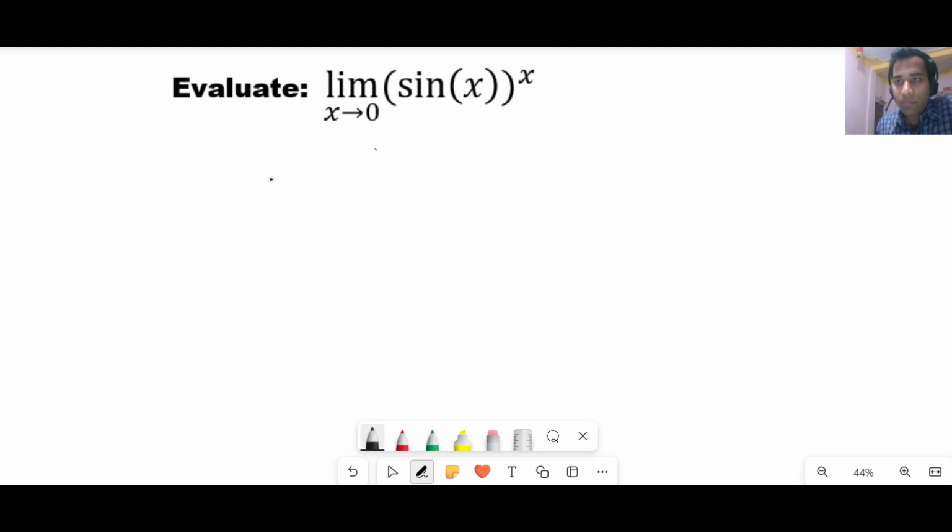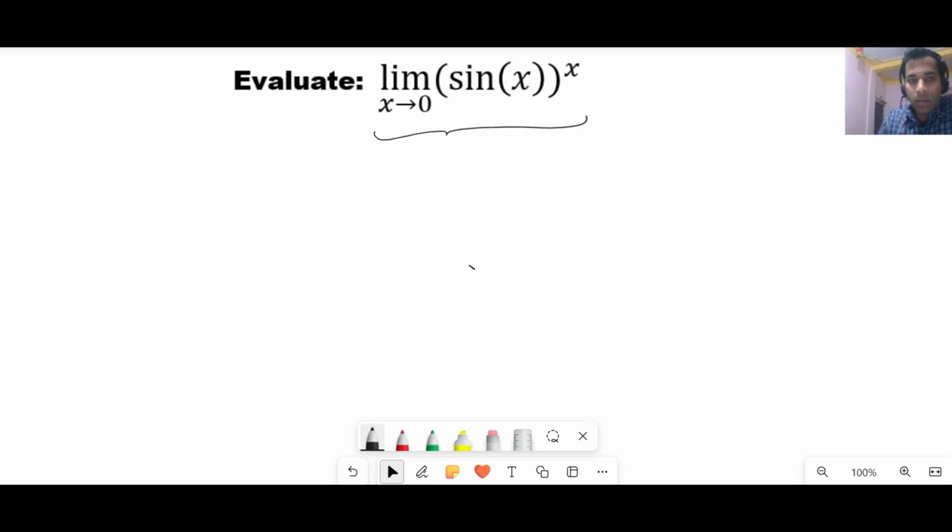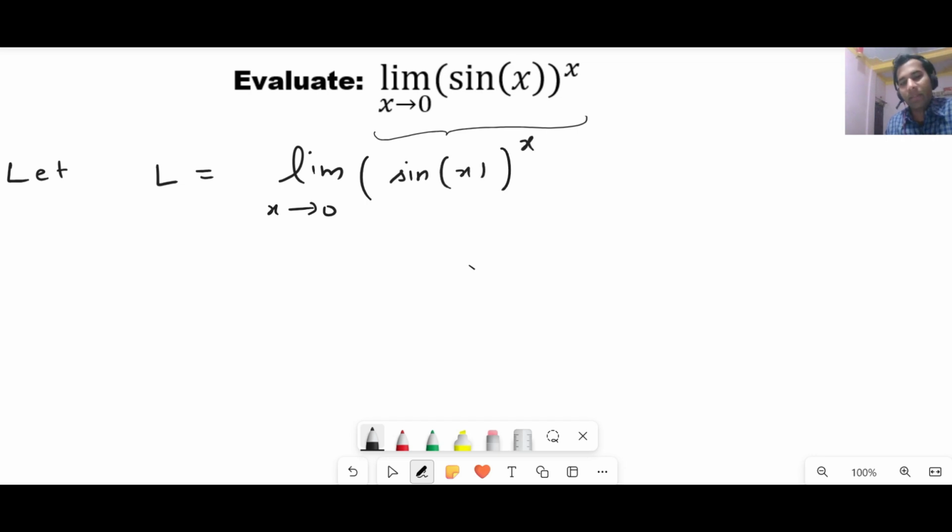So in this problem, we have to find the value of this limit. Let us suppose the limit L is equal to limit x tending to 0 of (sine of x) whole to the power of x.